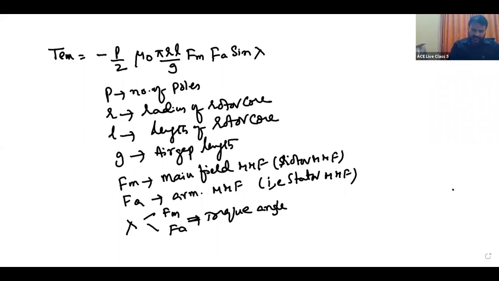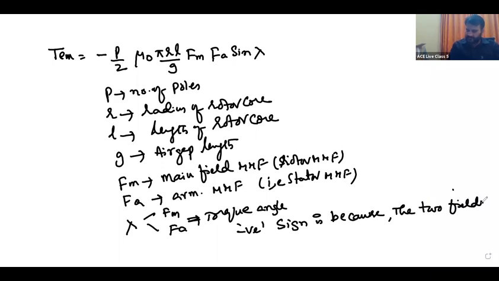And a negative sign is there. The negative sign is because the two fields, stator field and rotor field, F_M and F_A, will try to align themselves. The rotor poles and stator poles always try to align themselves.